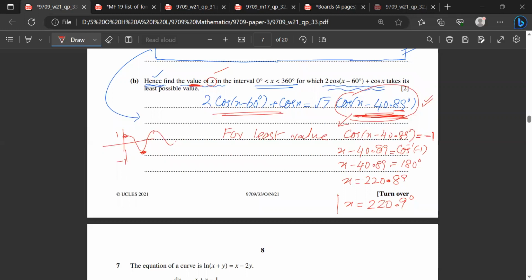So 220.9 degrees is the value of x for which this is least. This is how you can answer this question.